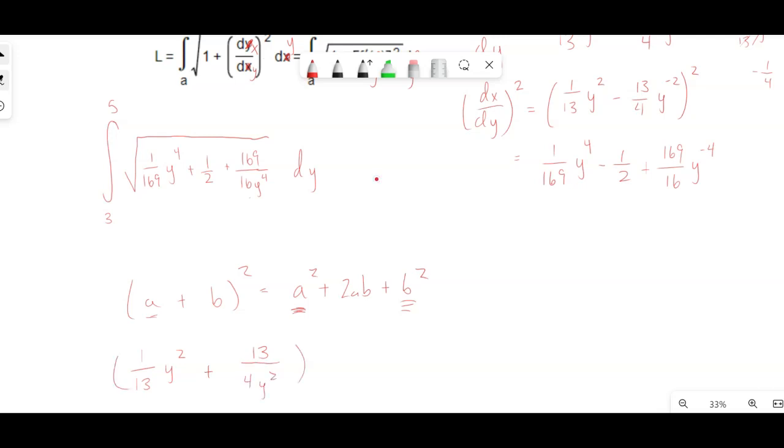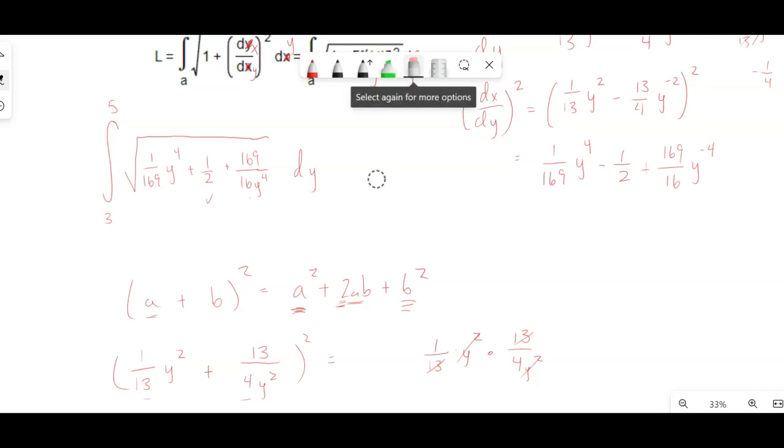And the outside and inside would need to be a 1/2. So 2ab, the product of these: 1/13 y squared times 13 over 4 y squared. They're going to cancel. 1/4 two times is 1/2, which is what they have in the middle.